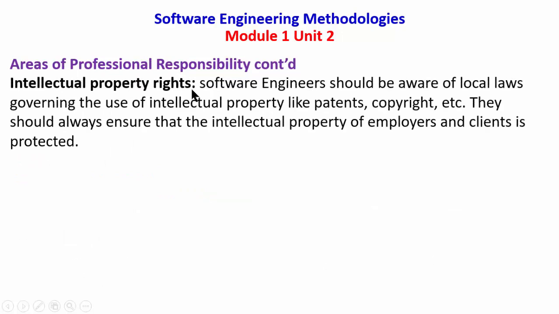Intellectual property rights. Software engineers should be aware of local laws governing the use of intellectual property like patents, copyright, etc. They should always ensure that the intellectual property of employers and clients is protected.